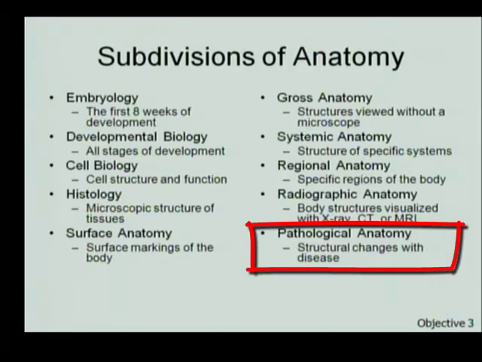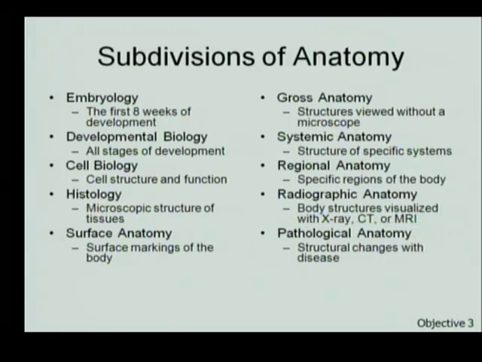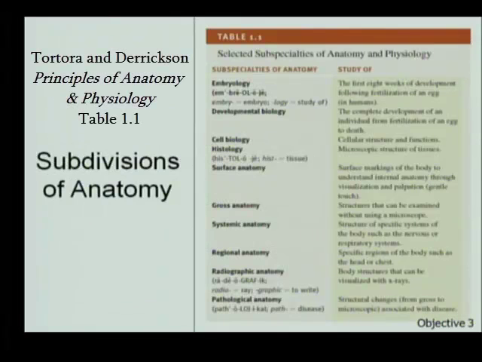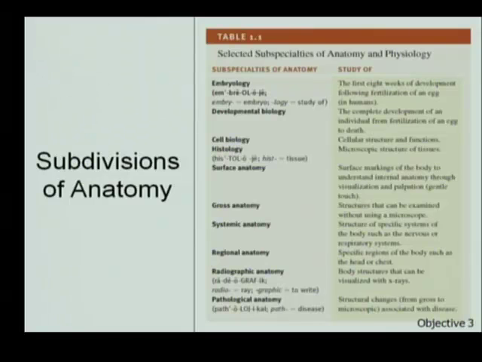Pathologic anatomy is looking typically through a microscope, but also at the gross level, at the structural changes that are involved in disease. These subdivisions of anatomy are also shown in Table 1.1 from your Tortora and Derrickson textbook, which you should have as a part of this course.